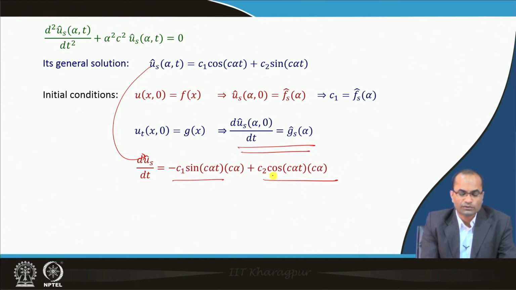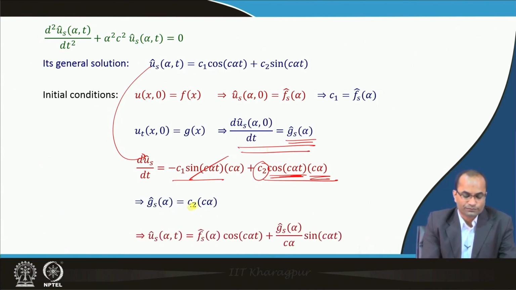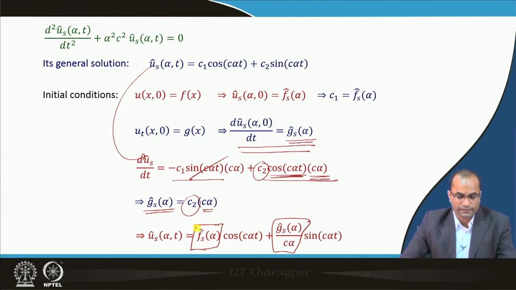So, when t equal to 0, cos 0 is 1, and this will get cancelled this time. So, we have c2 times c alpha, and that is equal to this g s. So, basically we got c2 as g s hat over c alpha, which is substituted here for c2, and for c1 we have f s hat alpha.